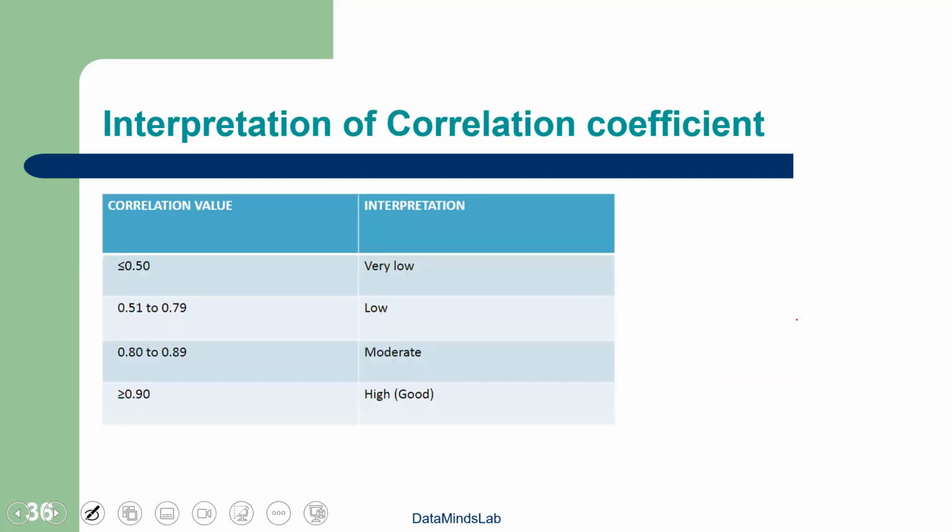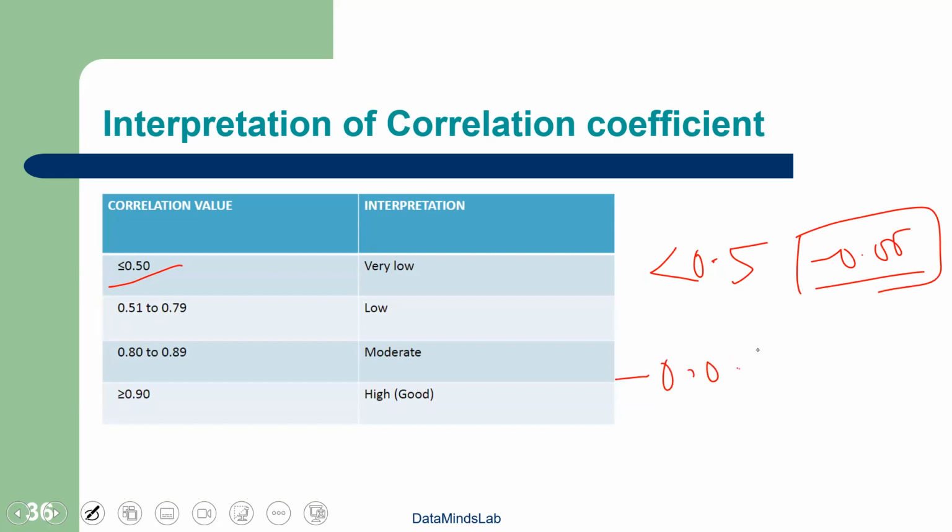And what is the ultimate interpretation of the correlation coefficient? When it is very small, less than 0.05. In my case, it has come to around minus 0.05 something, so as we can see, there is no correlation at all.